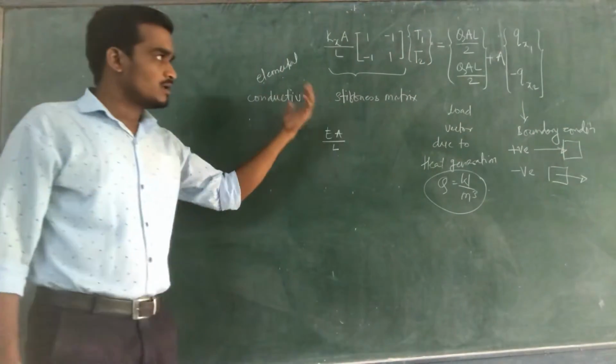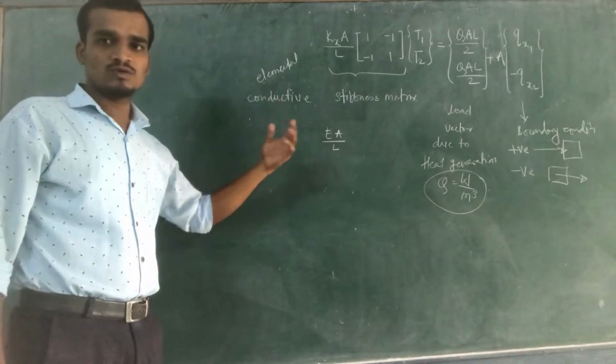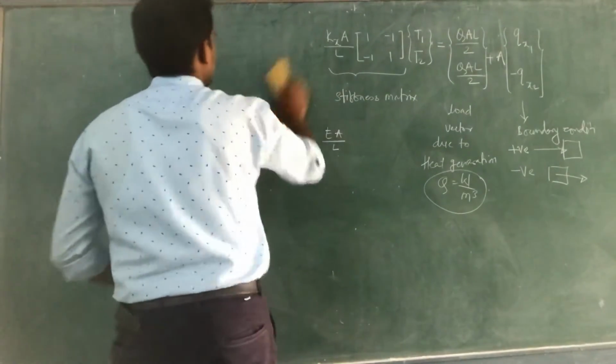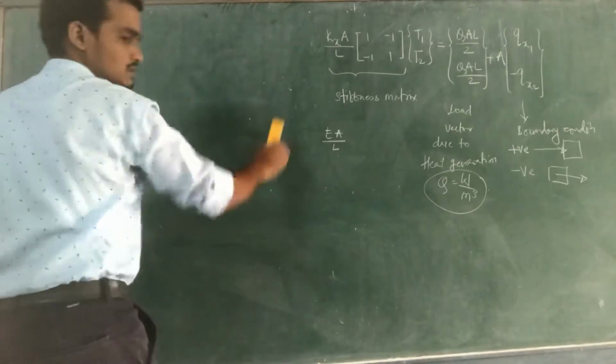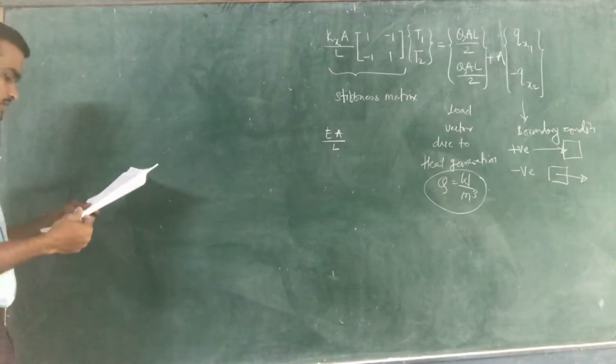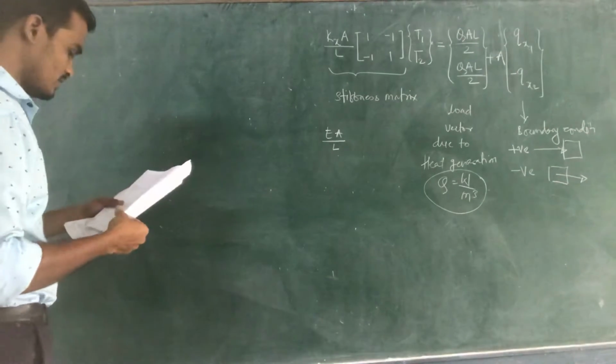Based on this, now we will try to solve one example. The example is: a circular rod shown in the figure has an outside diameter of 60 mm.